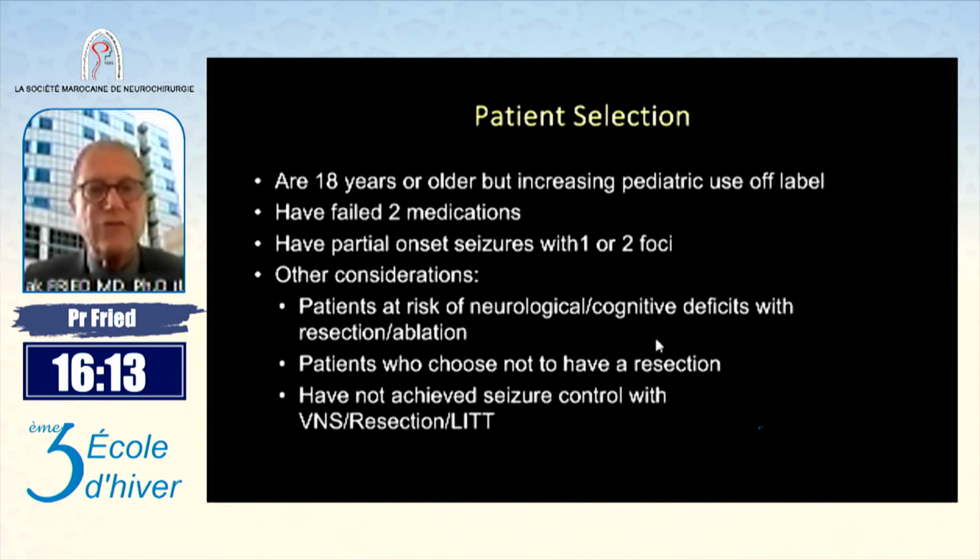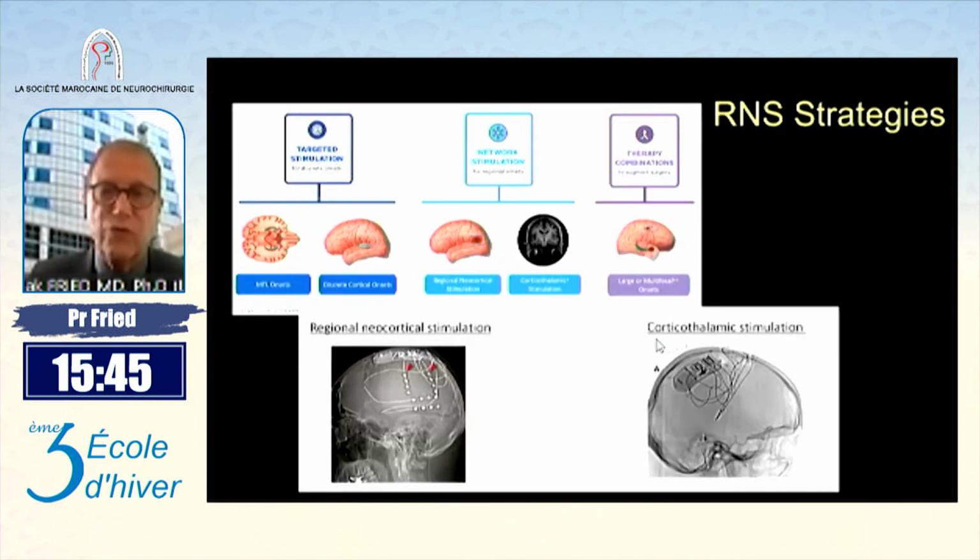So the indication now is patients who are older than 18, but of course there's an increasing off-label use in the pediatric population: patients failing 2 medications, with partial onset seizures, maybe with 1 or 2 foci, patients who are at risk for neurological deficit, don't want ablation or cannot have an ablation or resection, or patients that have not achieved adequate control.